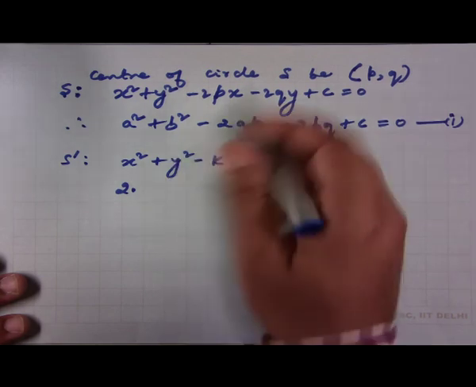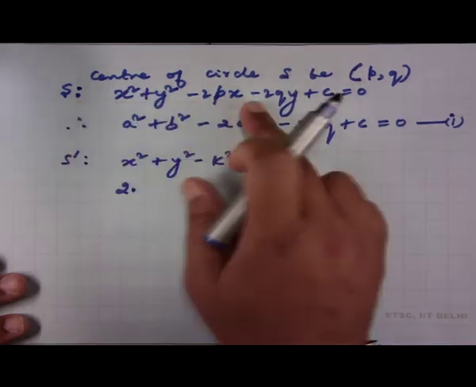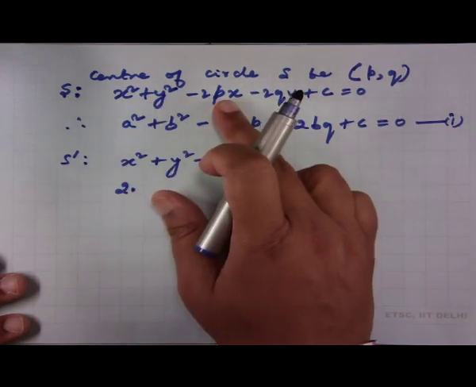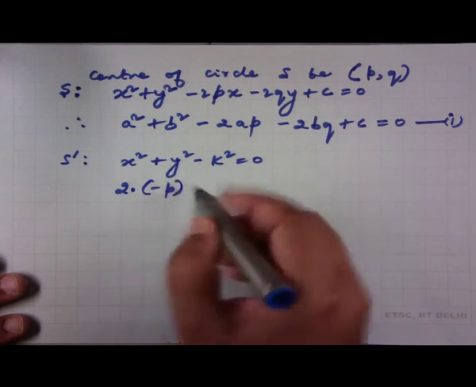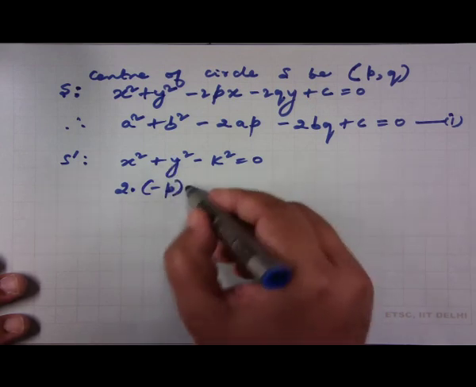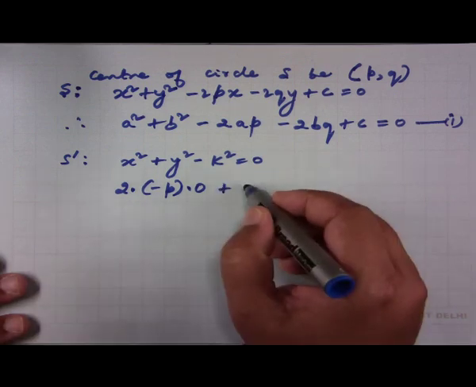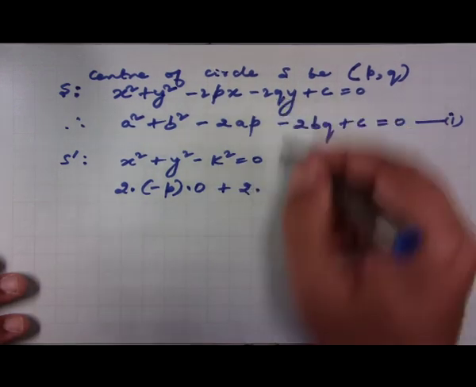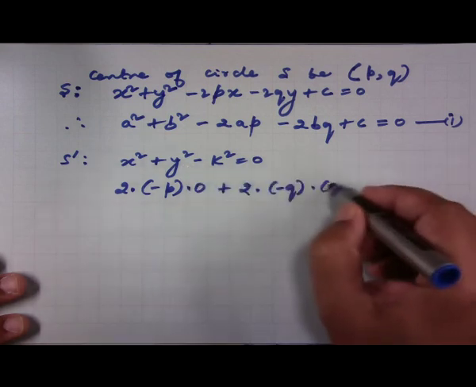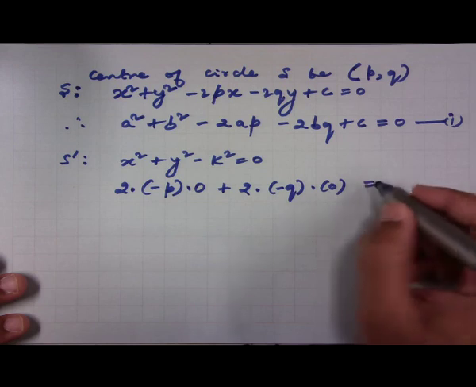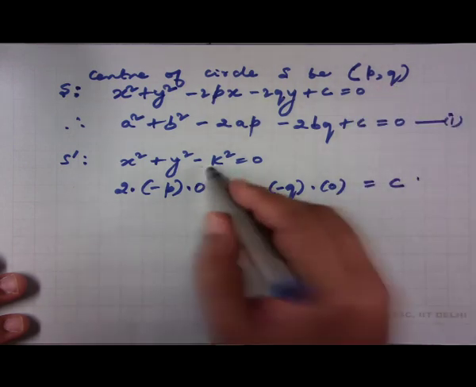The g1 for this first circle is minus p. So, 2 times g1 times g2, but the g2 here is 0, and then plus 2 times f1. So, f1 is minus q times f2 is 0 equals C1 plus C2. So, C1 is C and C2 is minus k square.